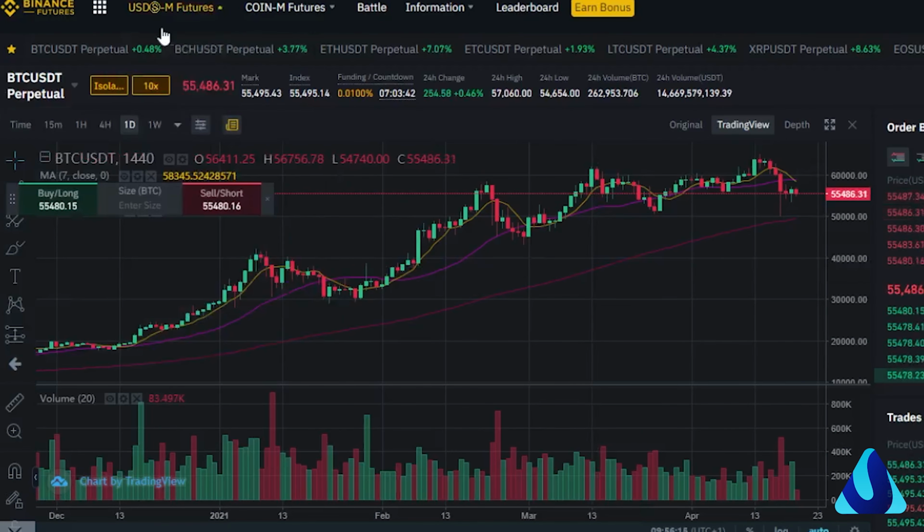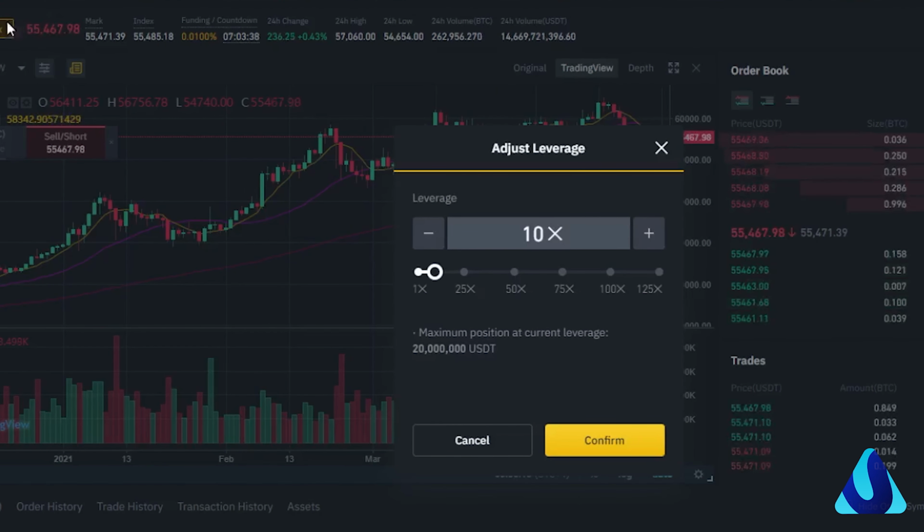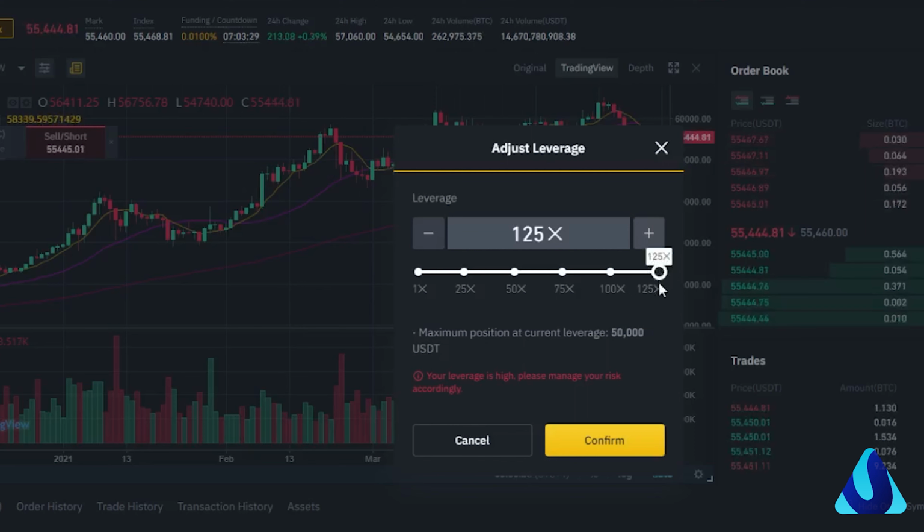The next area, as you can see here, is the leverage adjuster. This isn't on all coin pairs, and the leverage is dependent on which coin you use. As you can see here, the leverage is up to 125x.